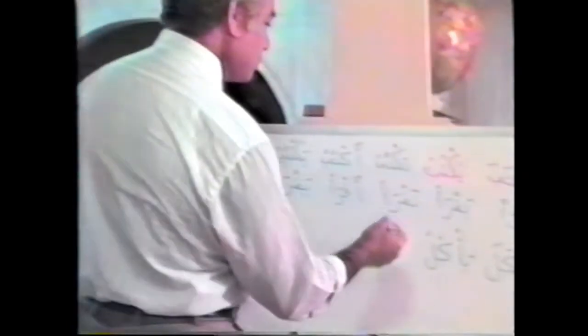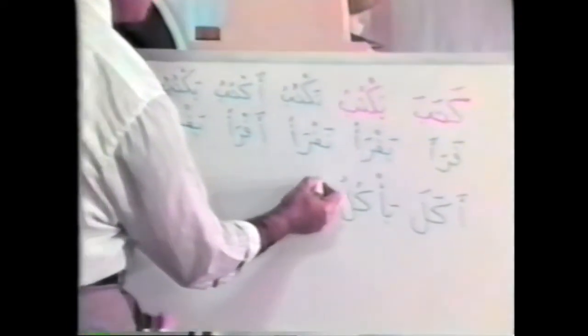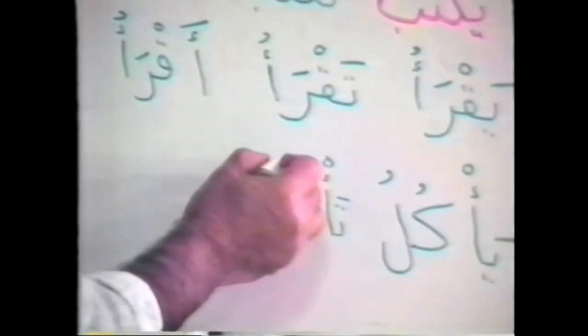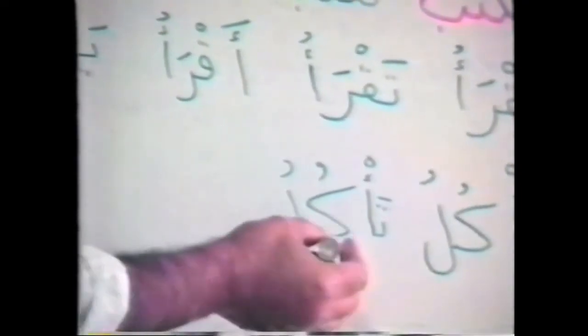So now let us go to the next forms of the root word akala, which means to eat. Now, she eats would be ta'kulu. Excuse me, there will be a sukoon here. Ta'kulu means she eats, or you, singular, eat.